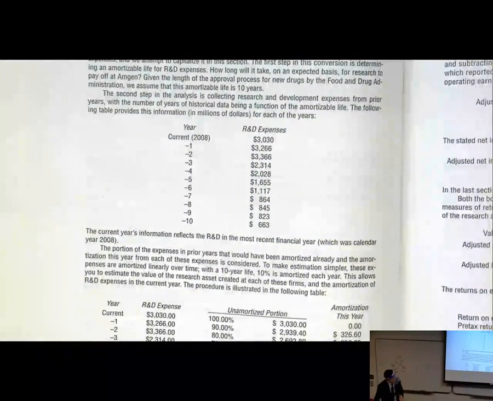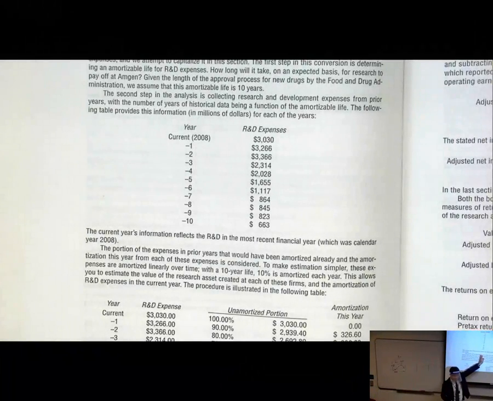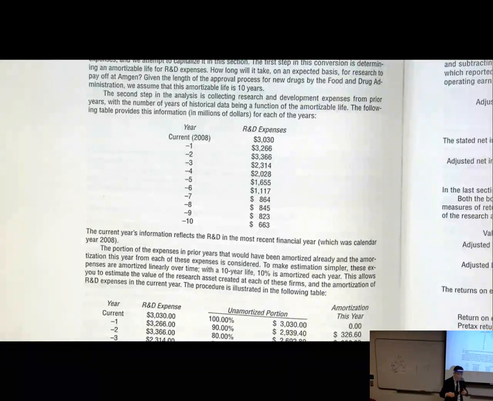All right, you look at the past R&D during the last 10 years. Typically, R&D assets can be amortized up to 10 years, straight line amortization.